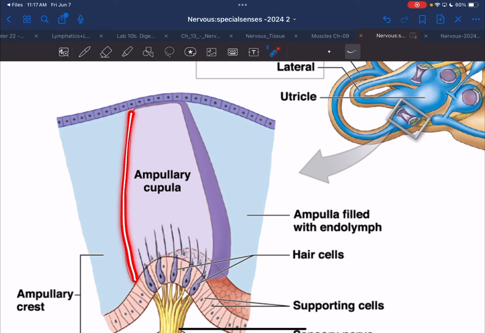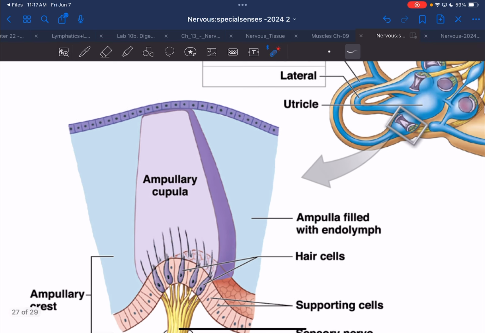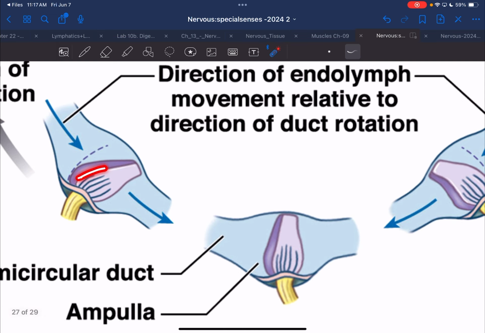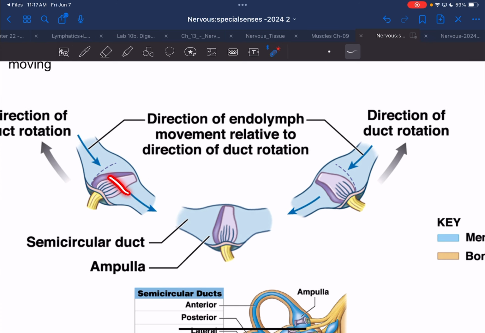And this cupula is sort of like a gel-like substance, and you have hair cells. As you move your head around, your body recognizes the movement of this object around the hair cells, and they send the signal, hey, my head's tilted this way. If it's straight, it's just normal.